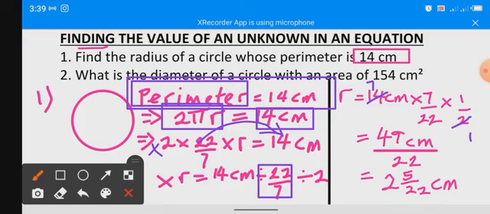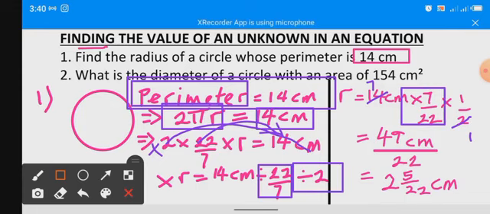When a number has no sign in front of it, it's either plus or times. So this is times 2. Times 2 crosses the equality sign to the other side to become divided by 2. Now the next thing is you invert: divided by 22 over 7 becomes times 7 over 22.